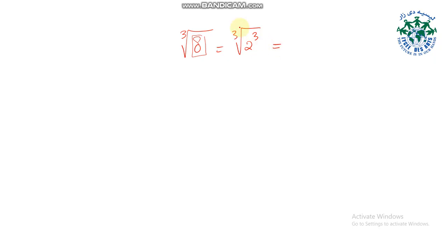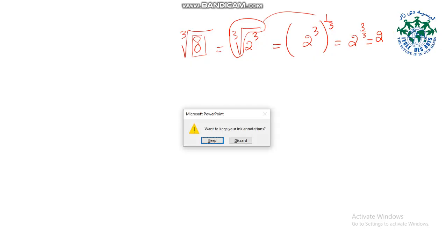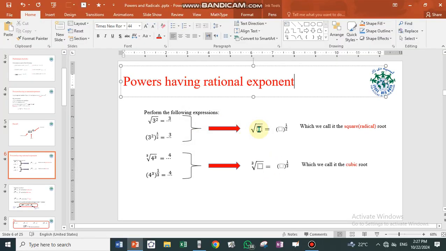And as I told you, this radical is raising the base, which is 2 power 3, to the power 1 over 3. So it will be 2 exponent 3 times 1 over 3, which is 3 over 3, which is 2 exponent 1, and we can simply write it as just 2. That's why the calculator gave us that the cubic root of 8 is 2.